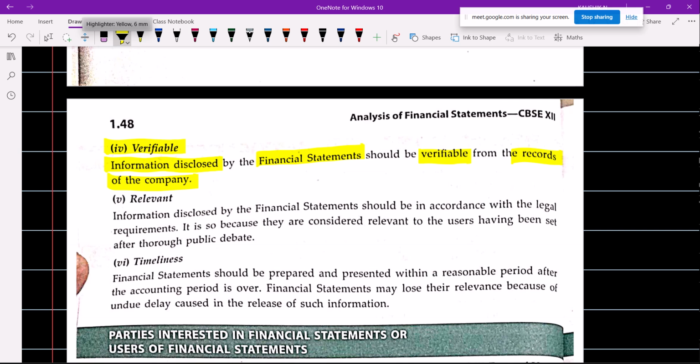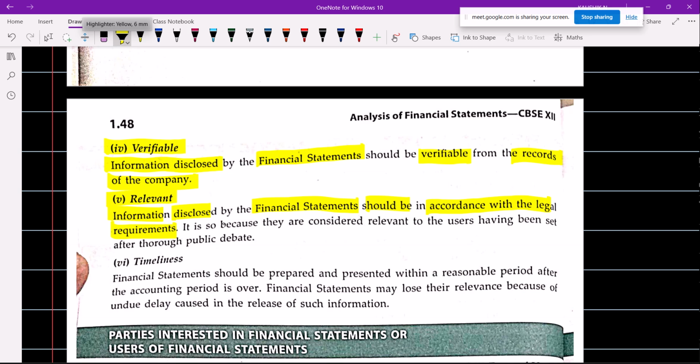And then the fifth point is relevance. That means it must be for a specific time period. Whatever information you disclose in the financial statement should be in accordance with the legal requirement. As per the legal procedures and requirements, you should have the relevant documents, and they must be reflected in your financial statement.